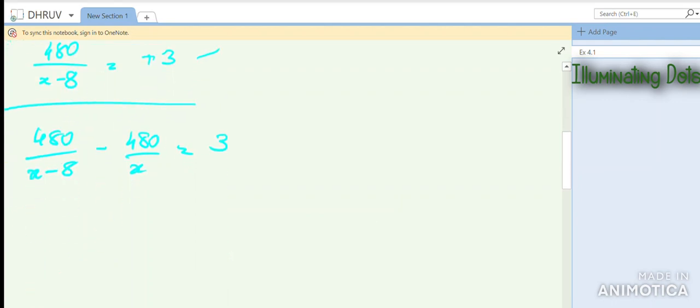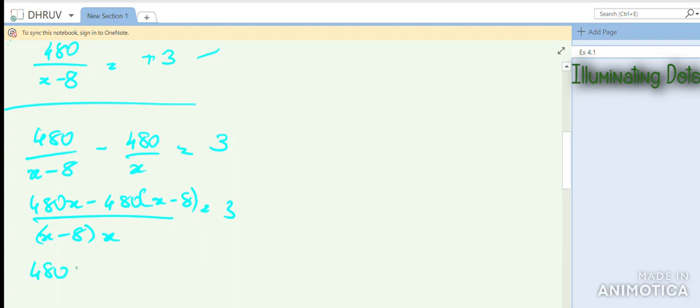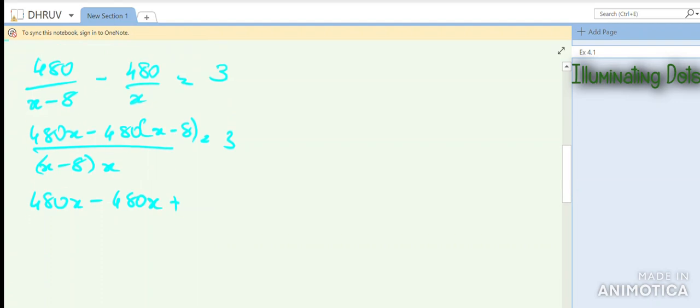Now we will simplify it, so we get 480x minus 480 into x minus 8 upon x minus 8 into x is equal to 3. So 480x minus 480x plus 480 into 8, which is 3840, upon x square minus 8x is equal to 3.